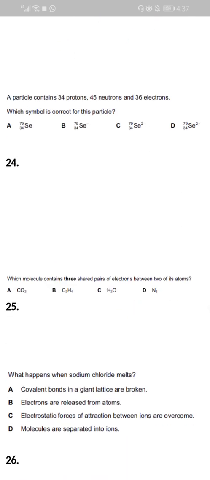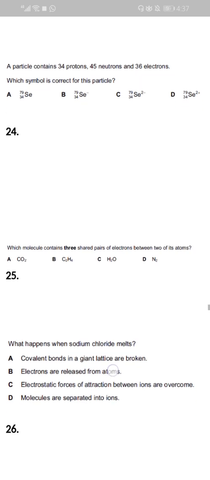For 24, which molecule contains 3 shared pairs of electrons between 2 of its atoms? Bonded pairs are also called shared pairs of electrons. Shared pair of electrons and bond pair of electrons are the same thing, they are synonyms.